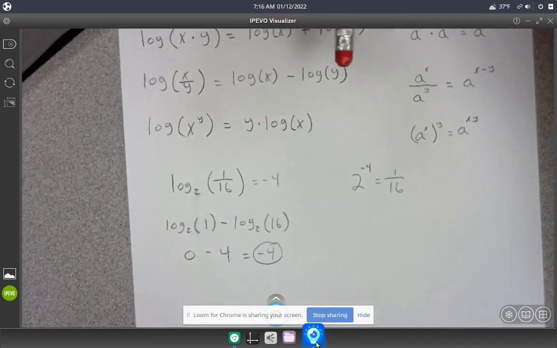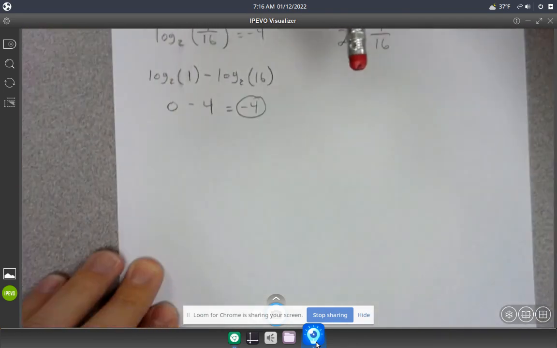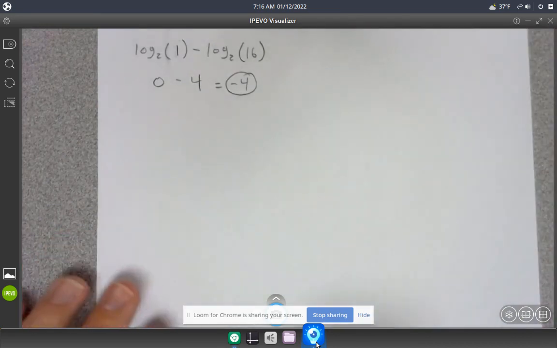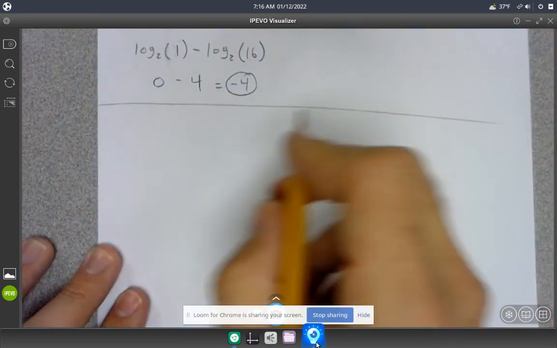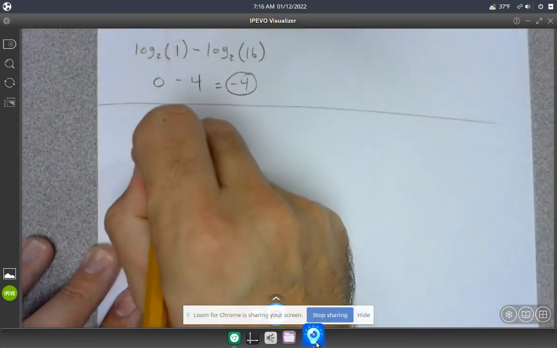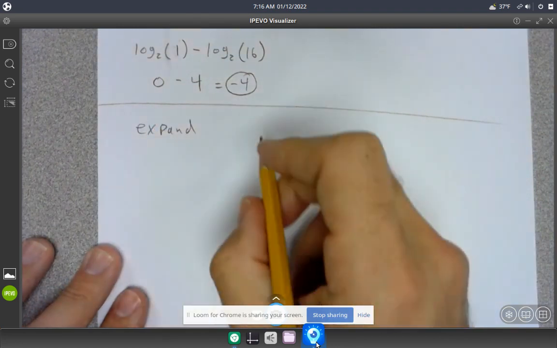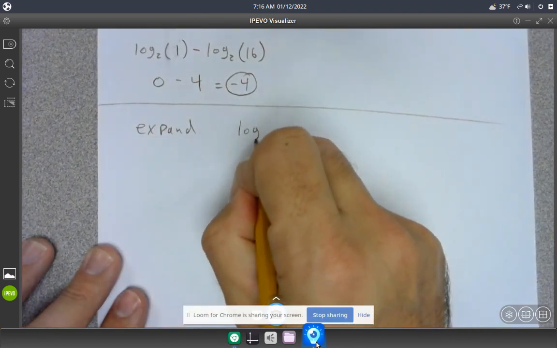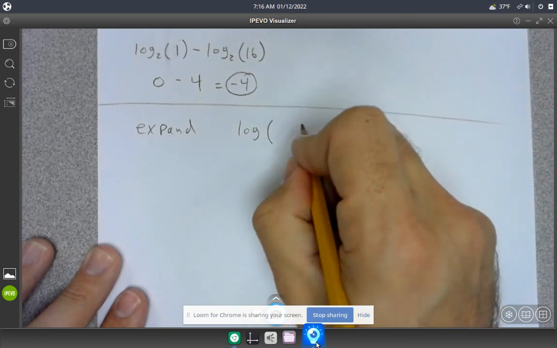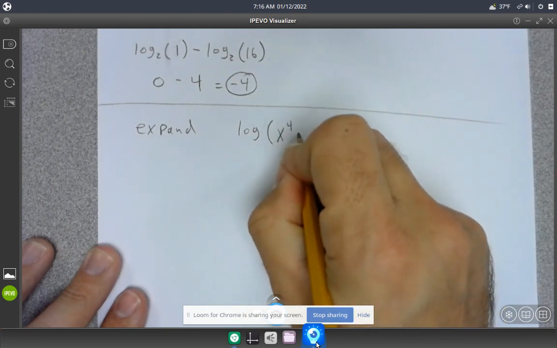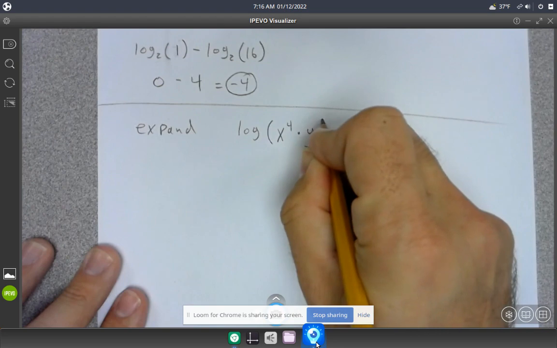What we're going to be using them primarily for is to expand and condense. So what I'm going to do here is I want to expand log of x to the 4th times y to the 6th.